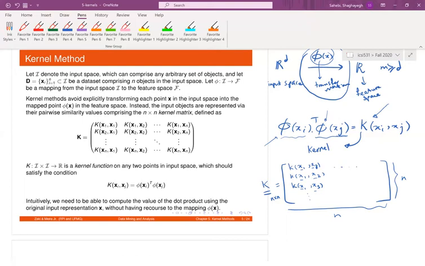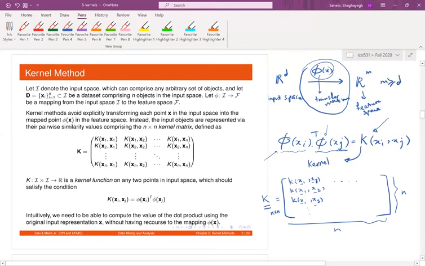But then you would say, okay, how come this is possible? Because if we don't have the phi of x, so we said we are going to work with the kernel or the similarity between phi of xi and xj, because it's sometimes not feasible to work with phi of x, because we have infinite dimensional phi of x transformations, or sometimes it is very expensive to get to phi of x.